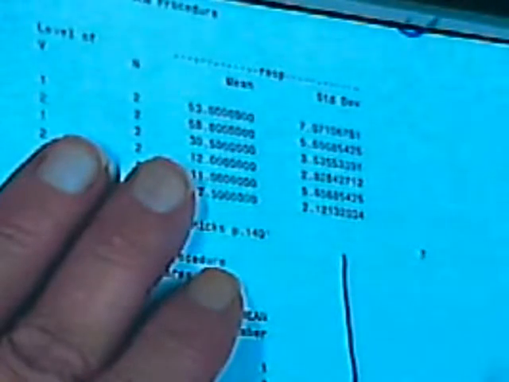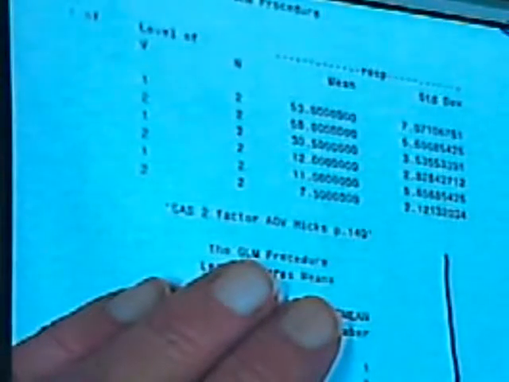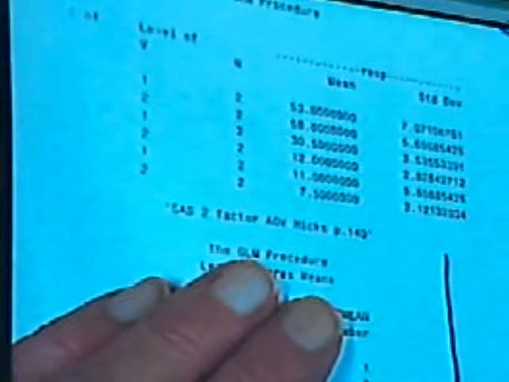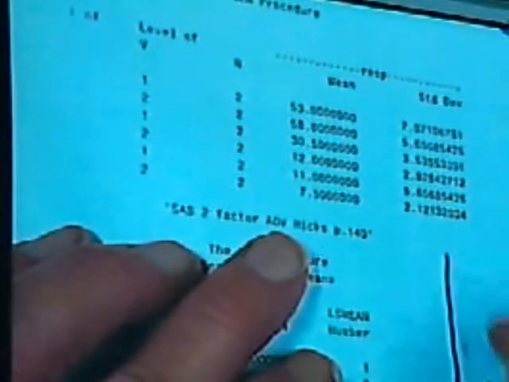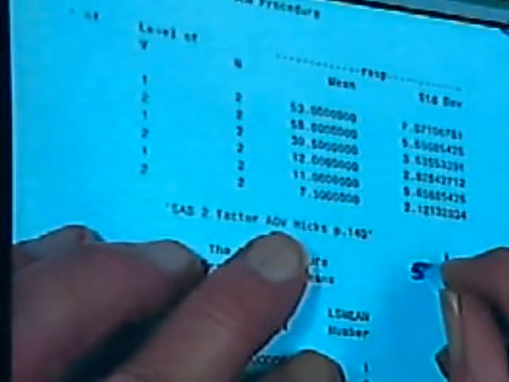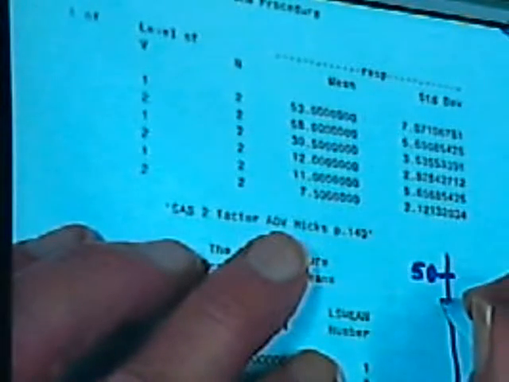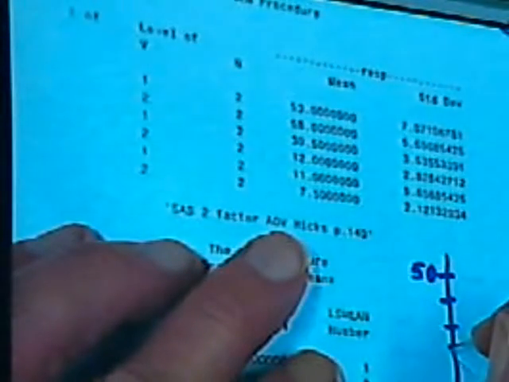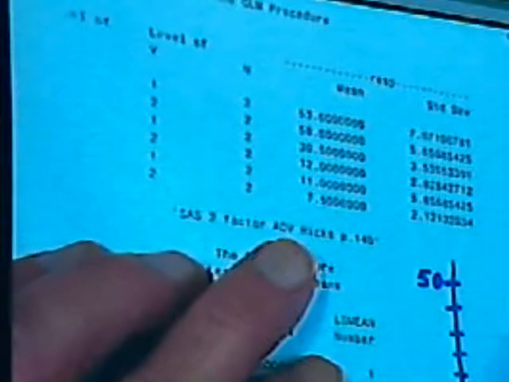Which way do I want to do it? I want to put the variable E down here: 1, 2, 3. So when E is 1 and V is 1, it's 53. Let me get some sort of a scale here. 50 is maybe there. 40, 30, 20, 10. Let's try that.